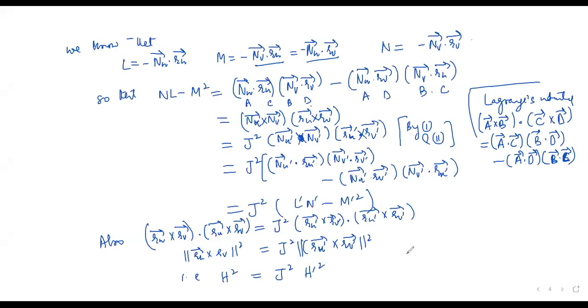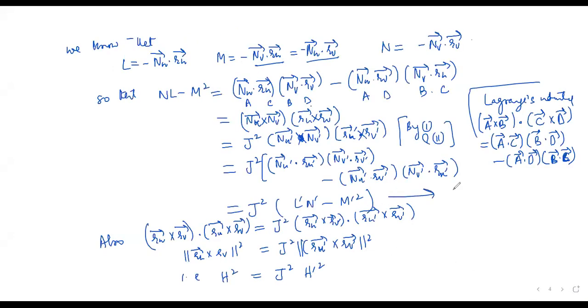Hence, K prime is equal to L prime N prime minus M prime square divided by H prime square, using these equations 3 and 4.